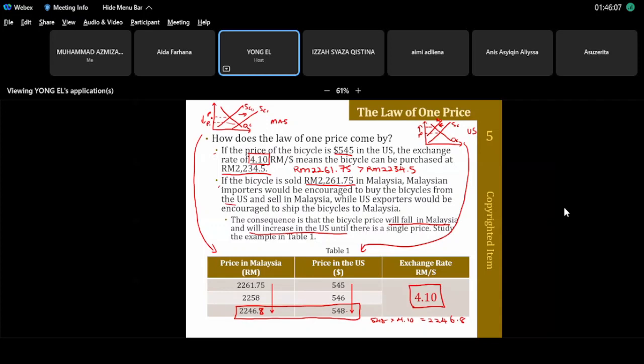At these two prices, 2246.8 and also 548, the price becomes the same again in Malaysia and the US, right, at this exchange rate. And therefore, there is no more incentive, no motivation or attraction, to ship bicycles from the US to sell in Malaysia to gain extra profit again. That incentive has vanished already at this exchange rate.